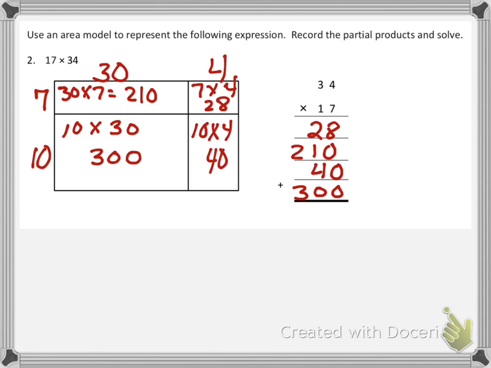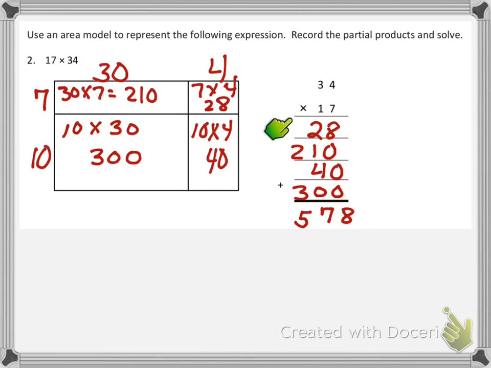So we have 4 partial products to add, and in the ones we get an 8, in the tens we get a 7, and in the hundreds we get a 5. So the product of 34 times 17 is 578. Notice how I did this: we focused on the 7. 7 times 4, we got 28.